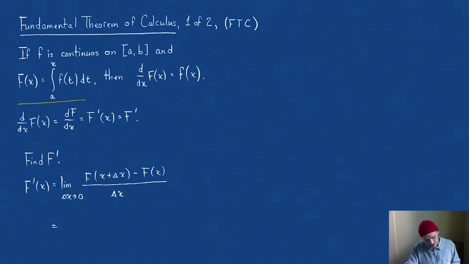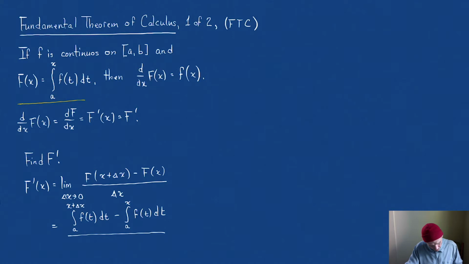So we have to plug x plus delta x into capital F. So this becomes the integral from a to x plus delta x of f of t dt, minus the integral from a to x of f of t dt, and all of that is divided by delta x. This is kind of difficult if you think about it.